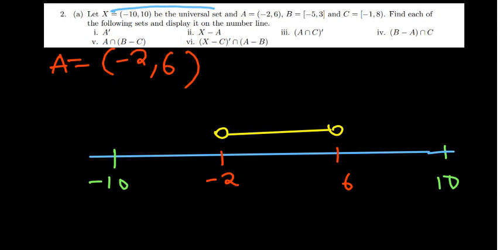The complement is going to be everything else that is remaining, because notice that what we have here is our set A. Everything else that is part of the universal set and not in A is what we are now calling our A complement. So beginning from this part all the way up to the end, and again from this part all the way up to the end, that is our A complement.